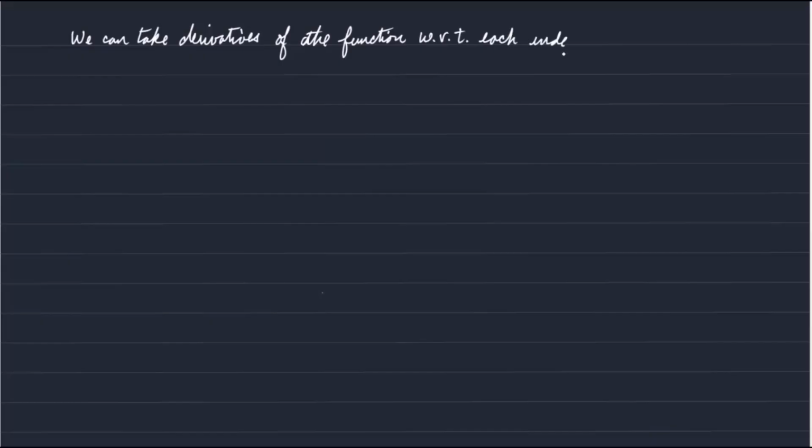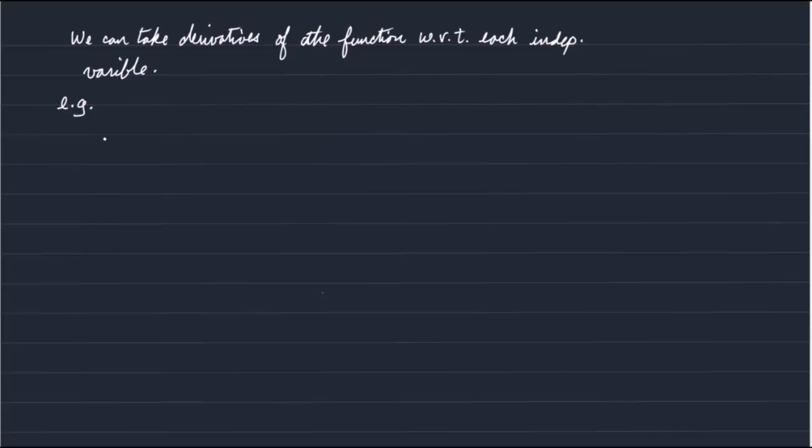And given a function of multiple variables, we can also take derivatives of the function with respect to each of the independent variables. So for example, say we have a function f that varies with x and y.